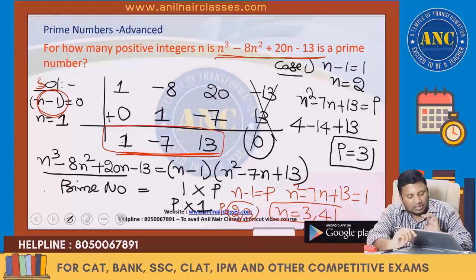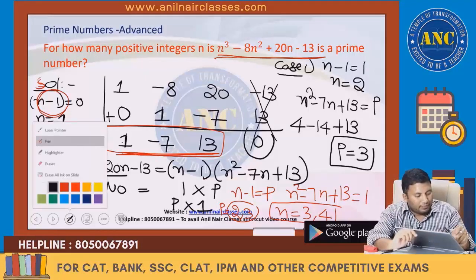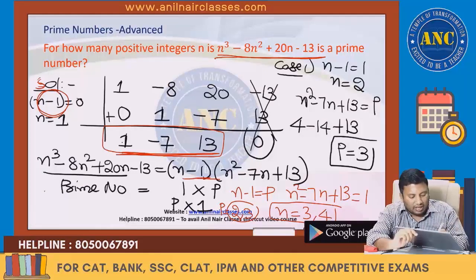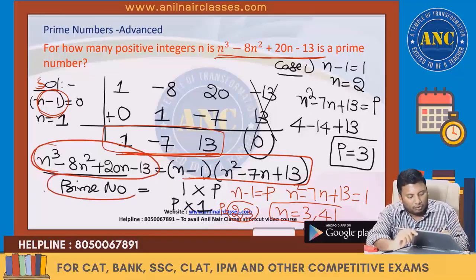Minus 13 plus 13, 0. So one factor is n minus 1 and another is n square minus 7n plus 13. This number should be a prime number. Prime number will have two factors, 1 and p.